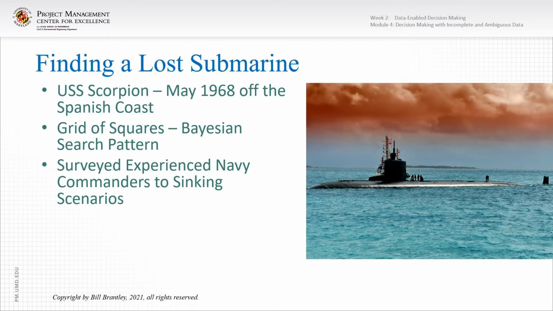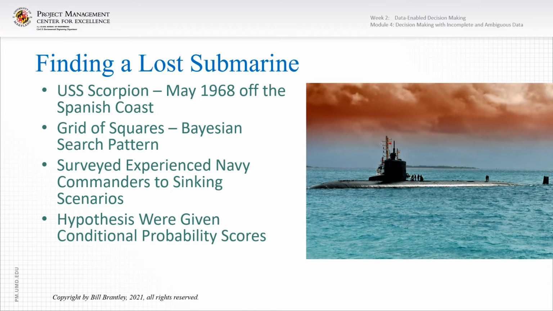And this is a key part of Bayesian statistics. One thing they also did is they surveyed experienced Navy commanders on various sinking scenarios, on what they thought might have caused a submarine to sink. They aggregated all these different scenarios and fed them into the Bayesian formula, which helped recalibrate the probabilities associated with each of the grids.